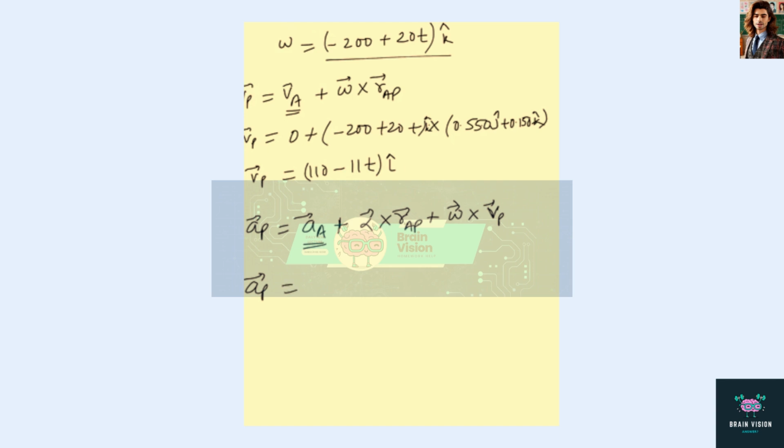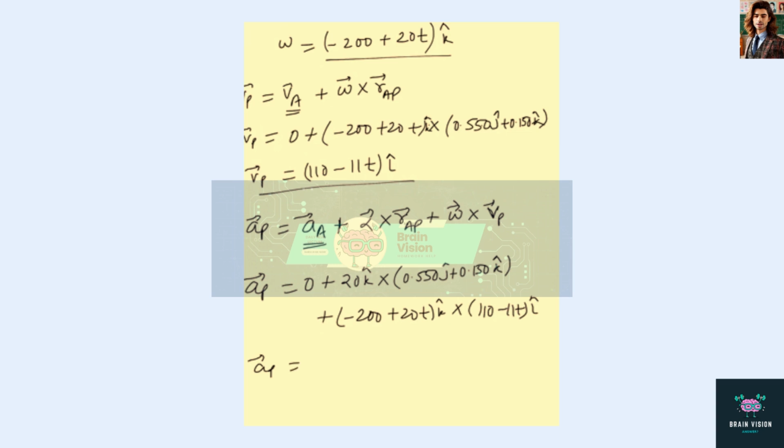Okay, so now substituting the values, AA is 0, so AP vector equals 0 plus α, which is 20 k cap, cross RAP, which is 0.550 j cap plus 0.150 k cap, plus ω vector, which is minus 200 plus 20 t k cap, cross Vp vector, which is 110 minus 11 t i cap.